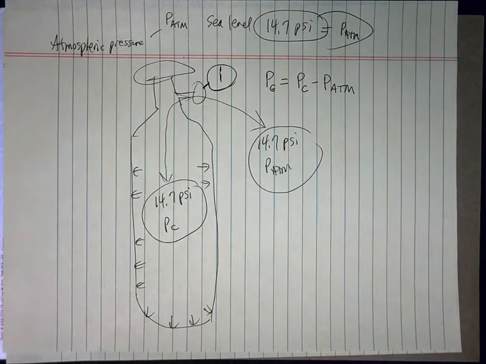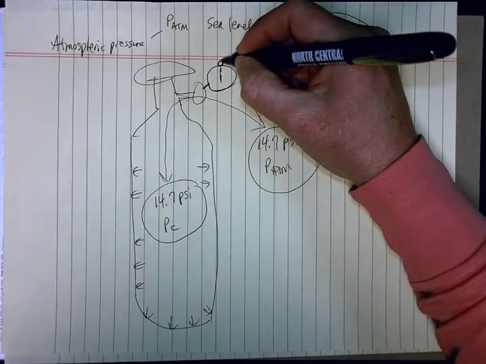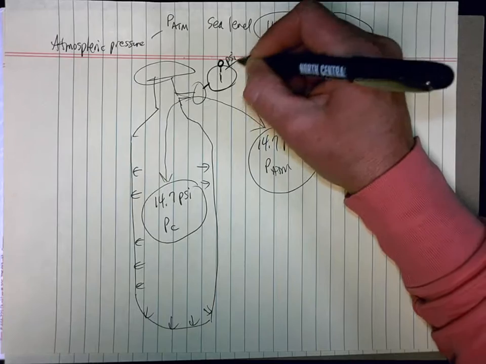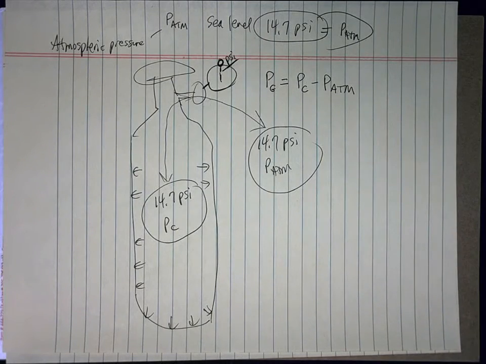What does your gauge say if you've let all the air out? Well, you haven't let all the air out, but that's how we describe it. And what your gauge says is 0 psi. When your vessel or your tank is open to the atmosphere and allowed to come to equilibrium with the atmosphere, then you have 0 psi gauge pressure.